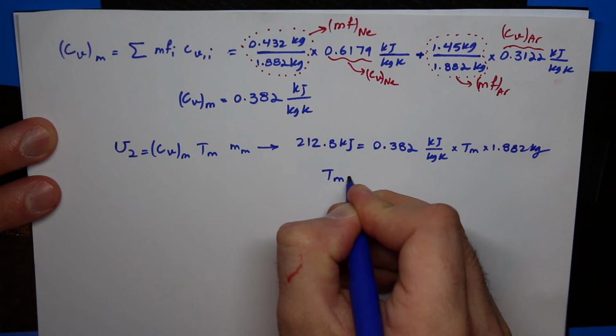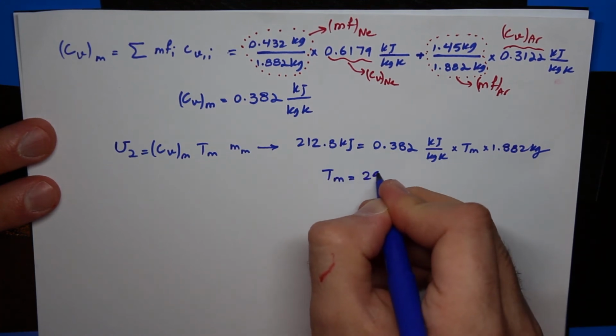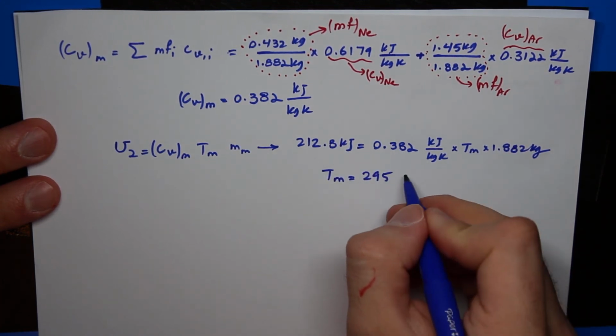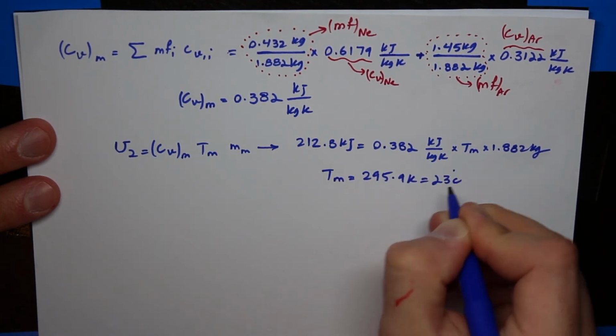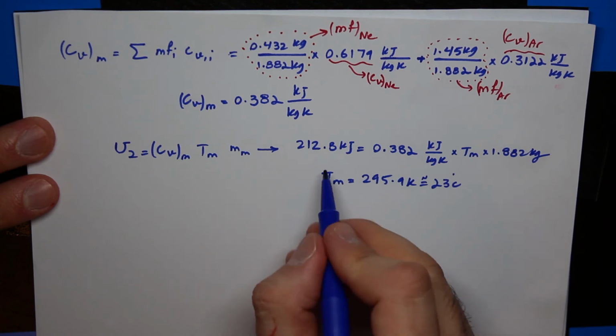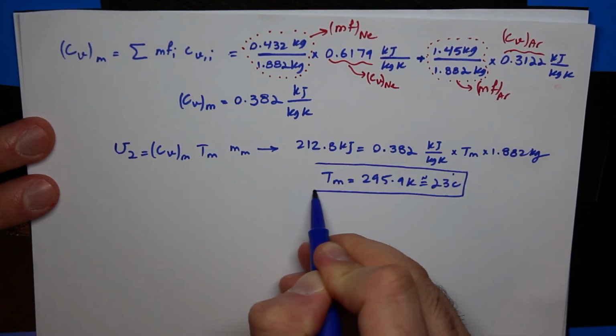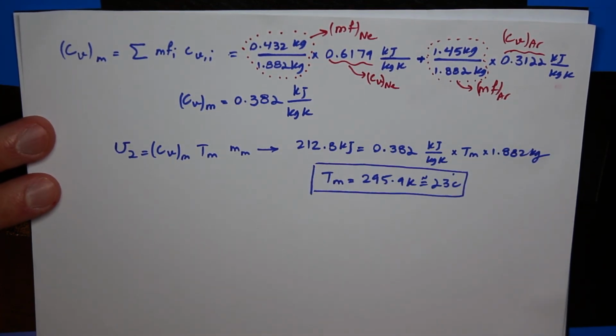And that gives me the temperature of the mixture equal to 295.9 Kelvin, which is equal to 23 degrees C. So this is the answer for this problem.